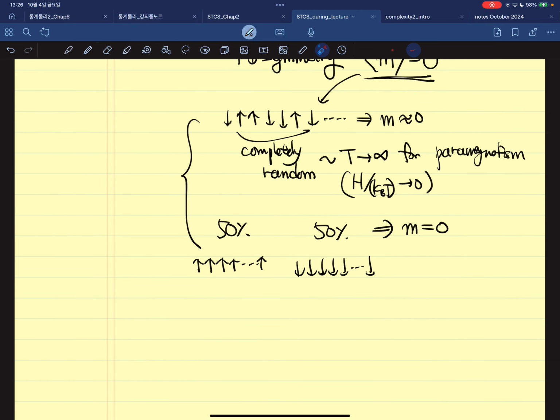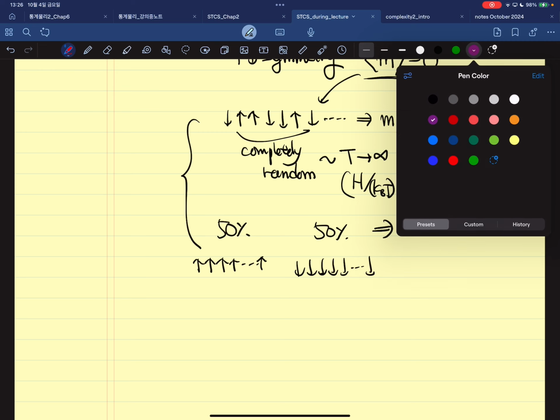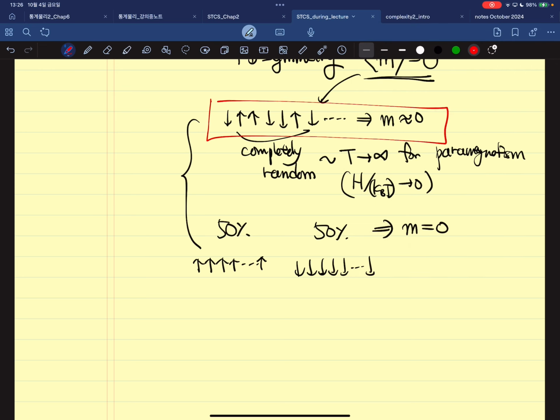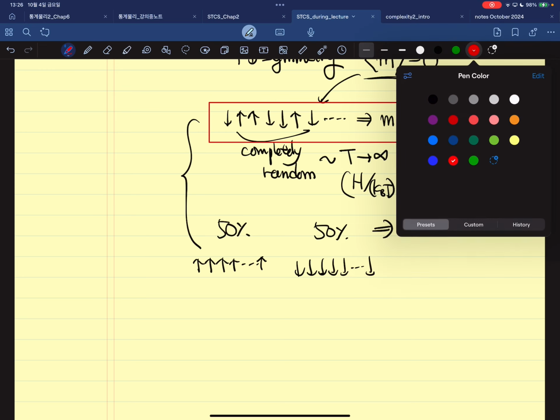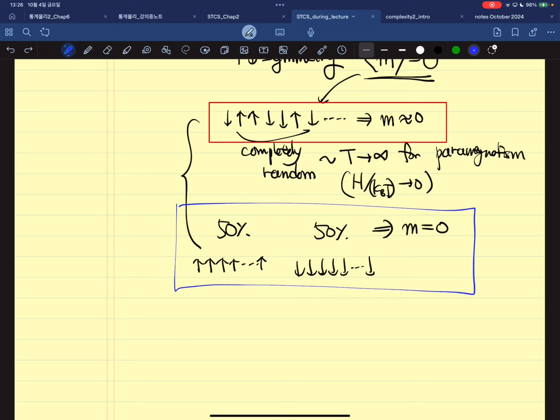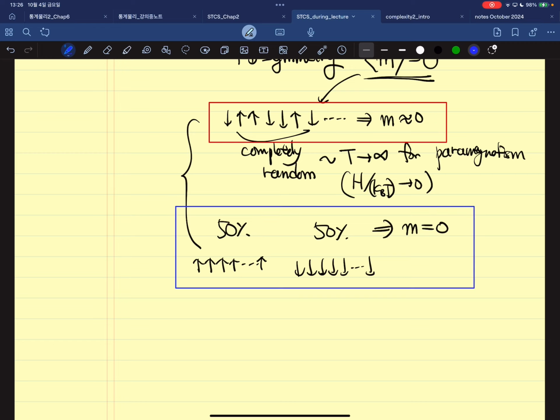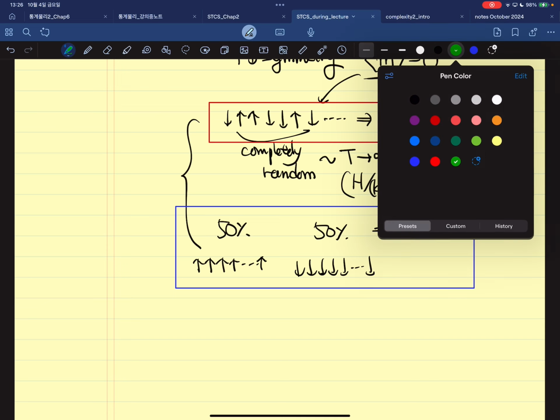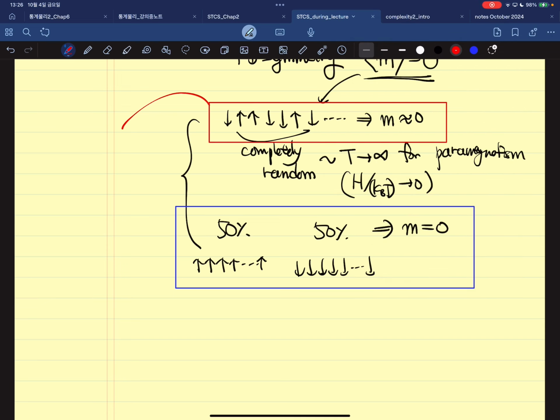So these two situations are clearly different, because this represents the so-called disordered system, where the entropy is maximized.